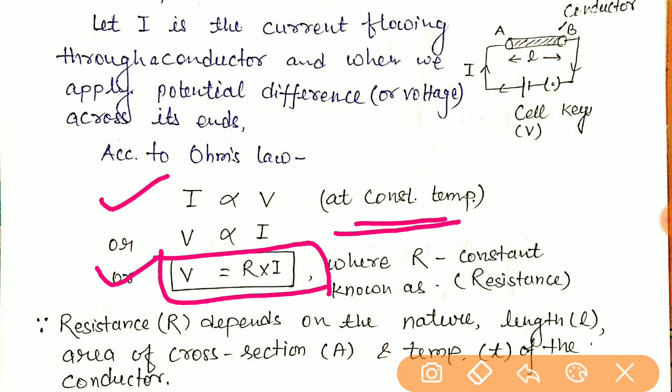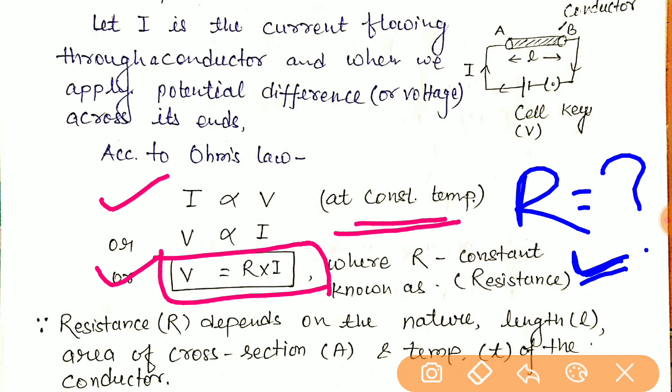So in this relation, what do you mean by this R? This R is the constant at a constant temperature, also known as the resistance of the conductor.